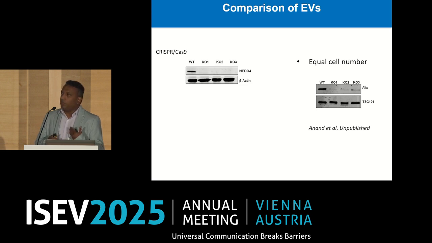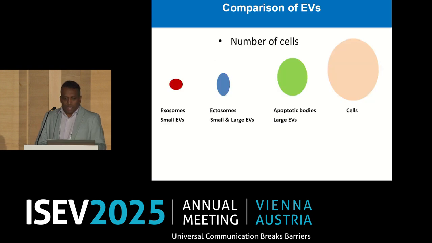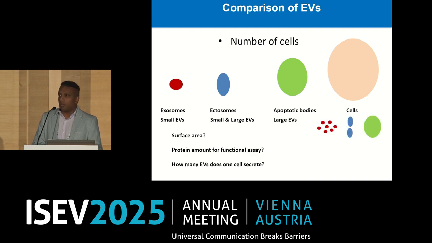So if I'm trying to load equal amounts of protein, you may miss some of these observations. So you need to understand that, depending on the questions that you're asking, you may need to normalize accordingly.